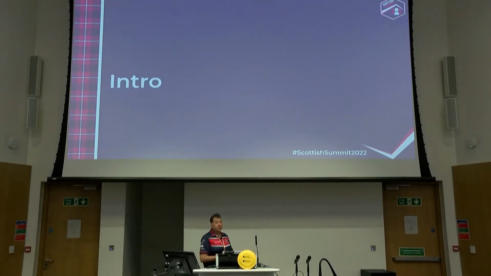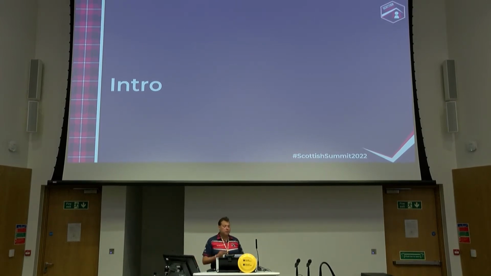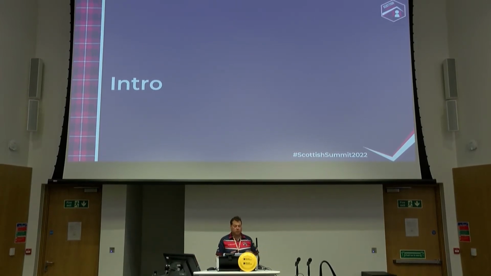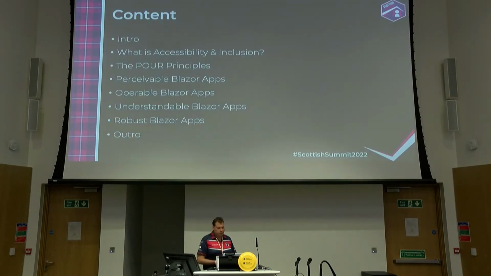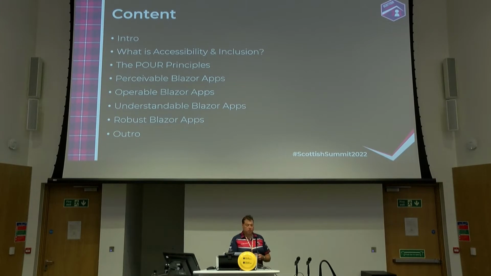Let's start with introducing what the session is about, what's the agenda, and who I am, and why I am coming to talk about this stuff today. So, the intro is here. I'm going to talk about what accessibility and inclusion are, and why you should build for accessibility and inclusion.